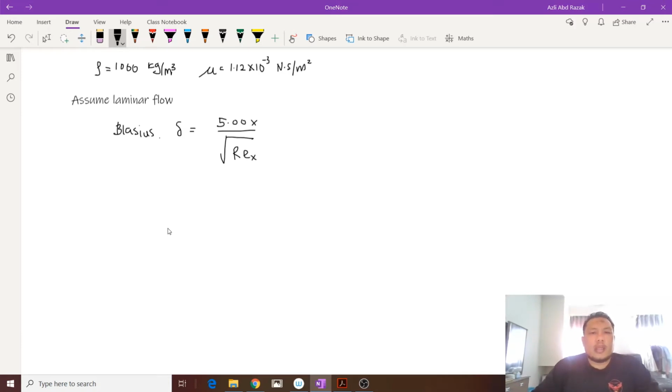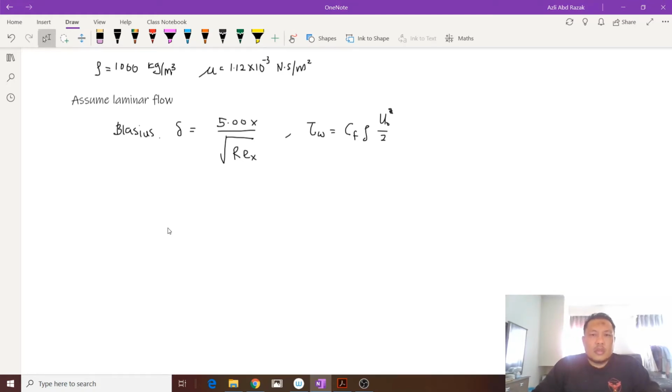This is delta. And the tau wall, from the Blasius solution we know that the tau wall equals Cf times rho u naught squared over 2.